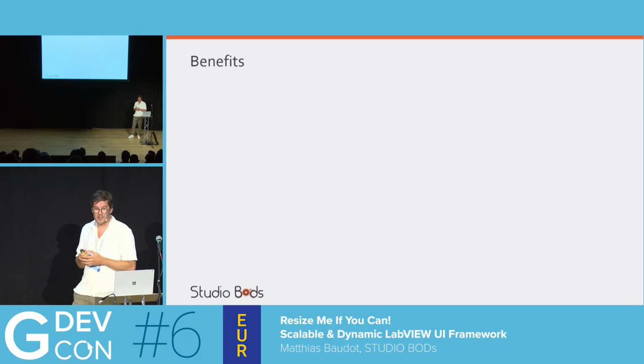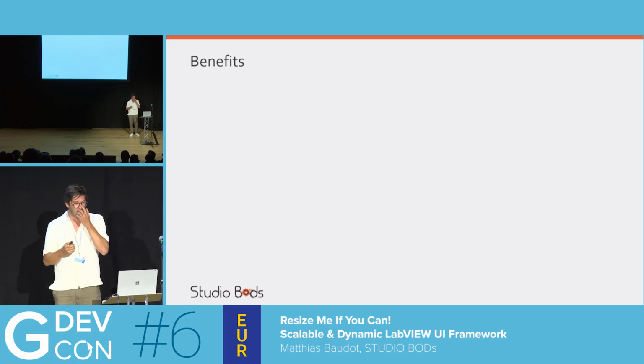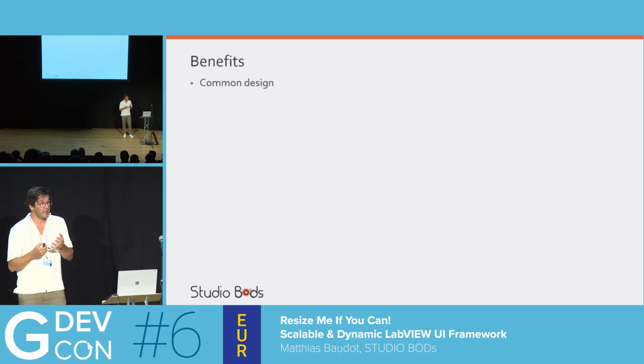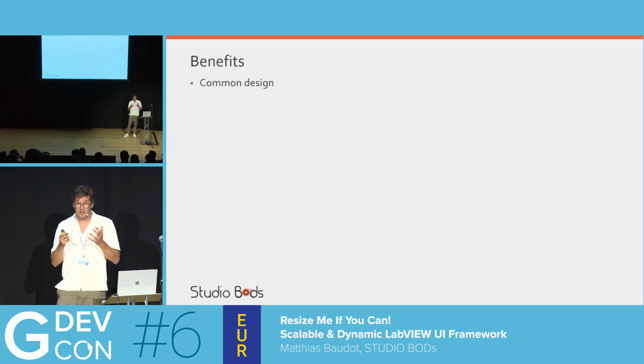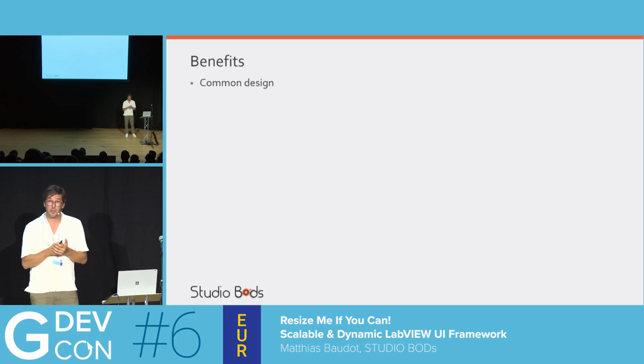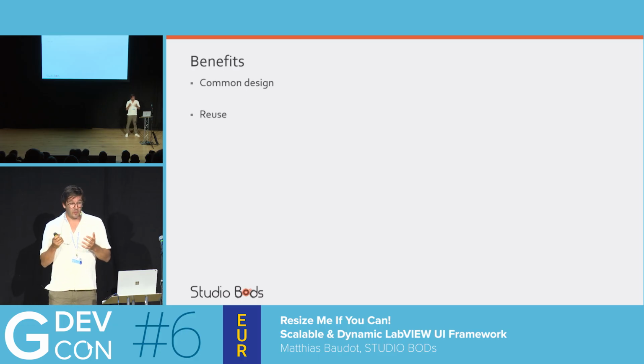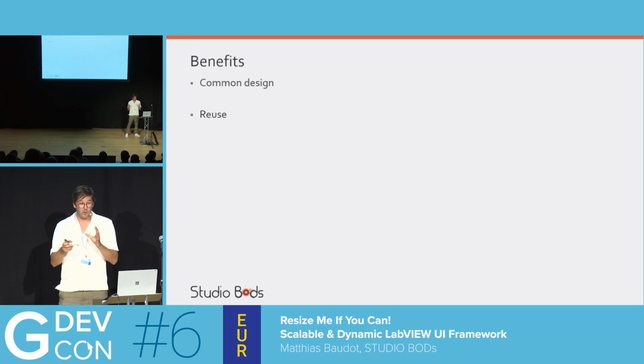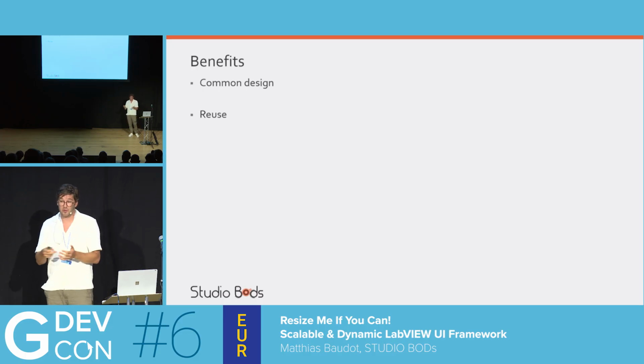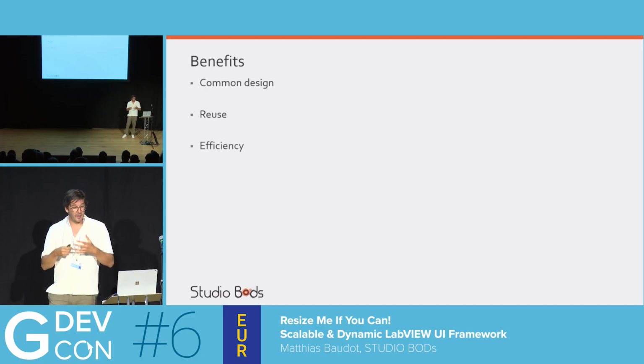So you remember I said the framework comes with rules, benefits, and constraints, and some of the benefits I'd like to highlight here. It's the common design. This framework provides basic functionality that doesn't need to be duplicated within each application. It provides reuse, allowing UIs to be independent from the business logic of our specific application, so you can reuse them across several different applications. It saves the developer a lot of time and effort of having to start from scratch for every new application.